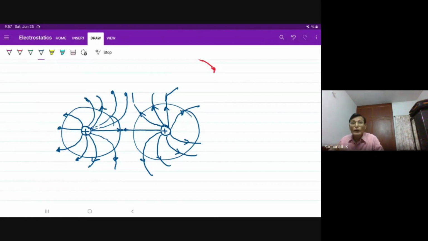If they are coming out of a closed surface, we will say diverging out, positive divergence. If they are going into a closed surface, we say converging, negative divergence. If the divergence is negative, they are actually converging. If the divergence is positive, they are actually going out. That happens if positive charge is there inside. Convergence or negative divergence happens if the net charge inside it is negative.